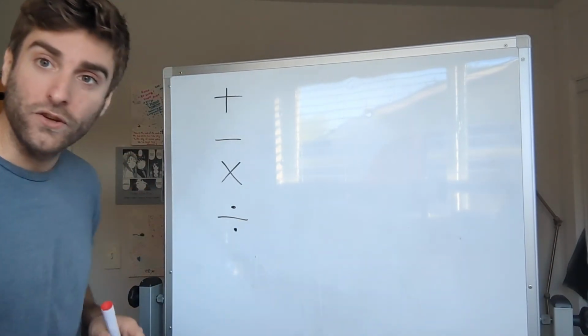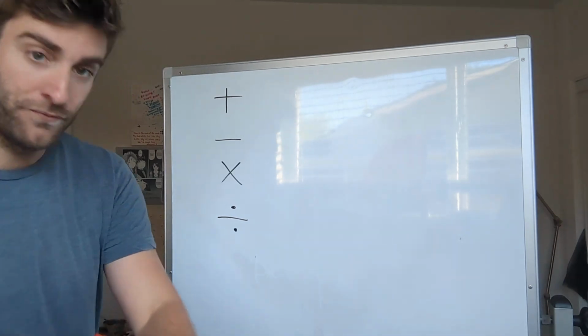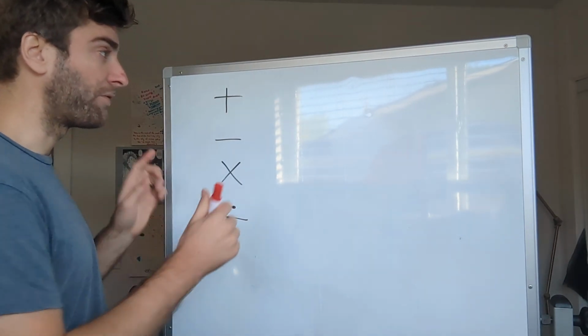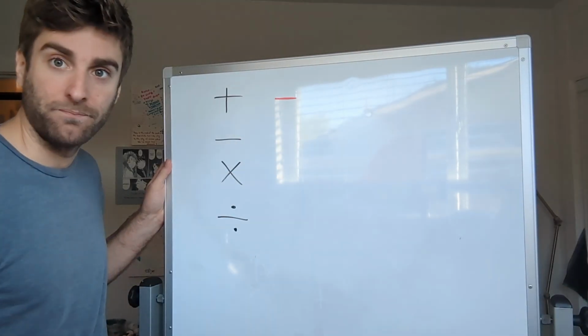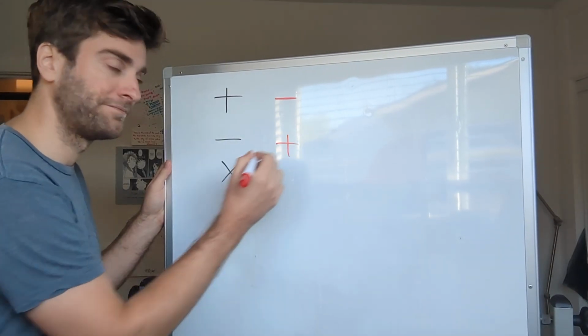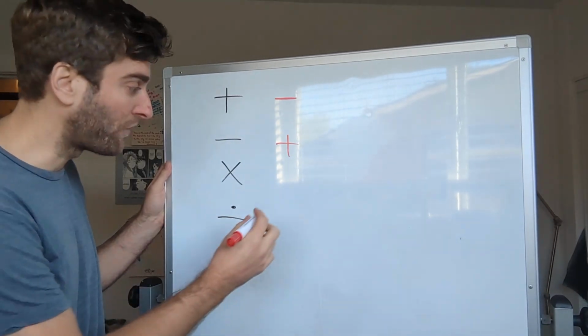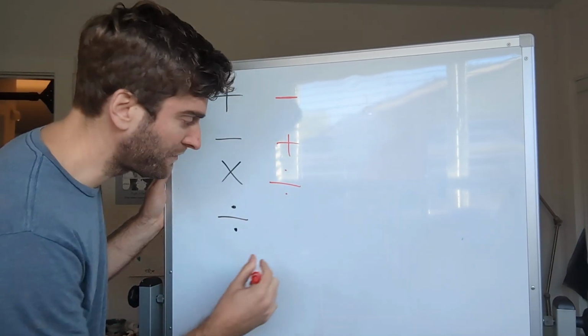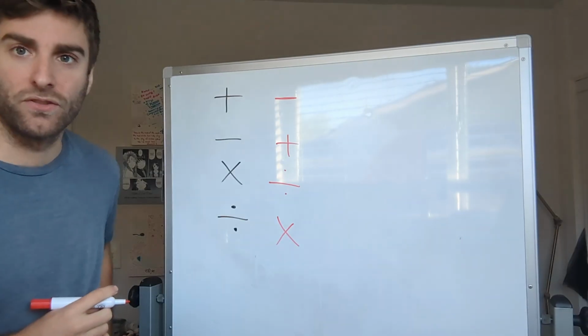We always want to use their opposites. What is the opposite of plus? The opposite of plus is minus. The opposite of minus is plus. Opposite of multiplication is division. And of course, the opposite of division is multiplication.